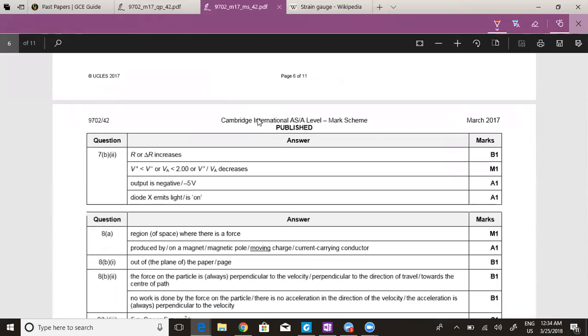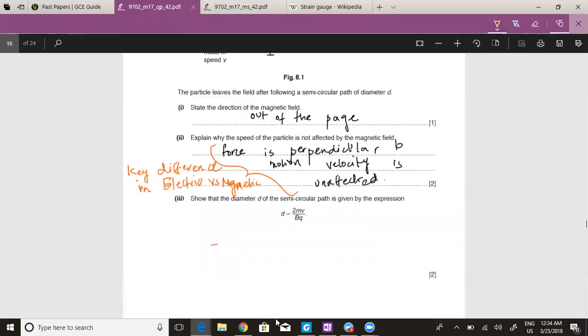Force, by Newton's law, if it's not obvious, F equals ma. So if the force is perpendicular, there will be no acceleration in the direction of the velocity. The acceleration would also be perpendicular. No acceleration along the velocity means no change in speed.